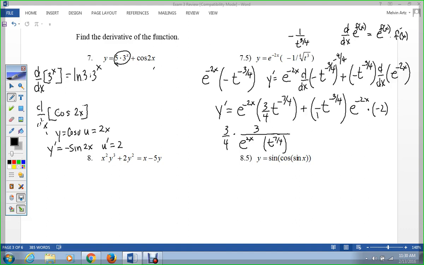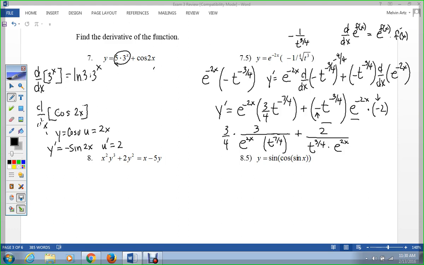And this negative here, I'm just going to go ahead and pull that out front, but then I see there's another negative right here, so that's actually going to end up being a positive. Now when we take both of these quantities down to the denominator, we'd only have a 2 in the numerator, and then we'd have a t to the 3/4 times e raised to the 2x.